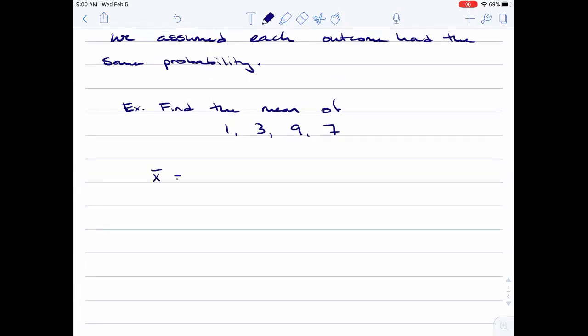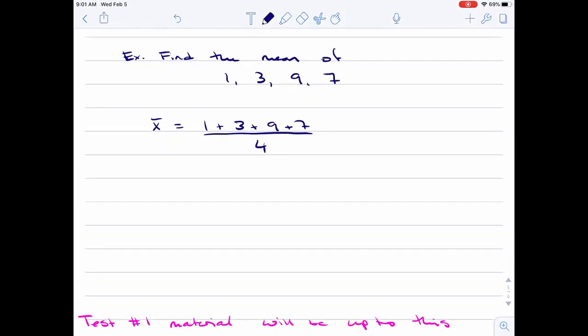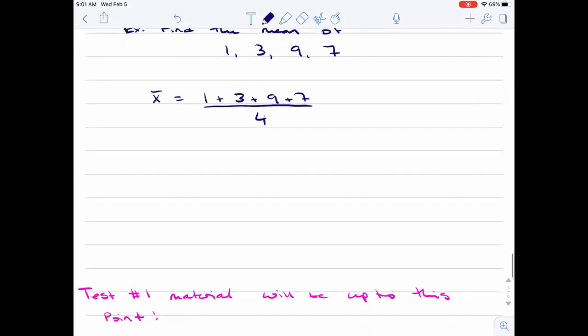Then we could say, well, X bar is 1 plus 3 plus 9 plus 7 divided by 4. 1 plus 3 plus 9 plus 7 is 20, divided by 4, puts me at 5. So therefore, the expected value of X here is 5.